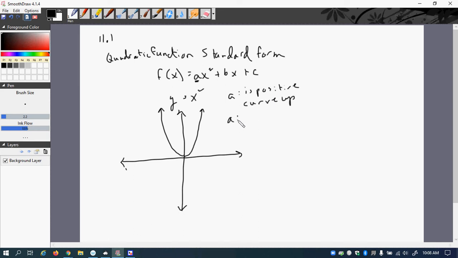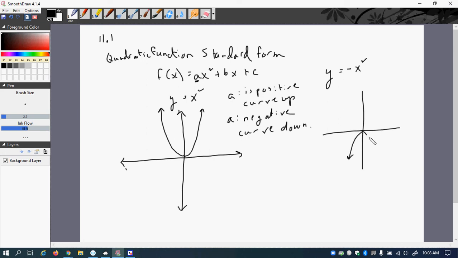If A is negative, then the curve goes down. So if I did y equal to negative x squared, then it would do this. It would go downward.